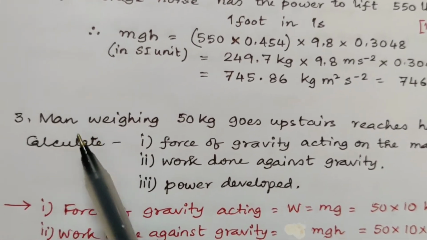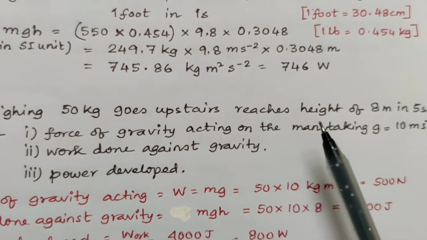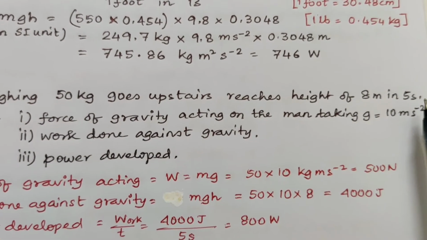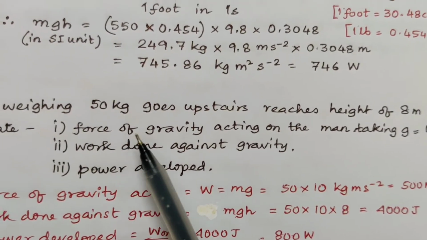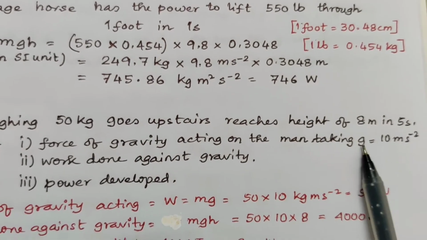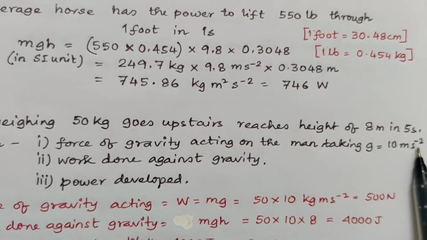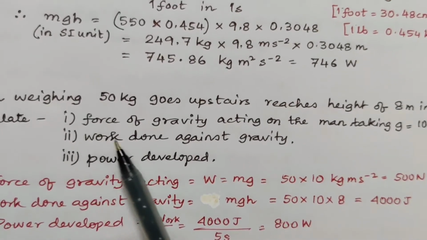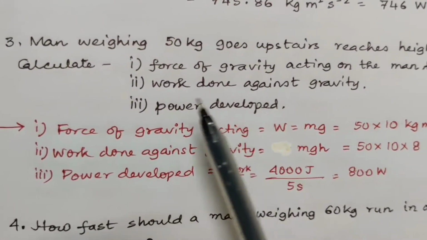So question number 3. A man weighing 50 kg goes upstairs, reaches a height of 8 meter in 5 seconds. What will be, number 1, the force of gravity acting on the man. If we take acceleration due to gravity g is equal to 10 meters per second square, we have to find the work done against gravity and we have to find the power developed.